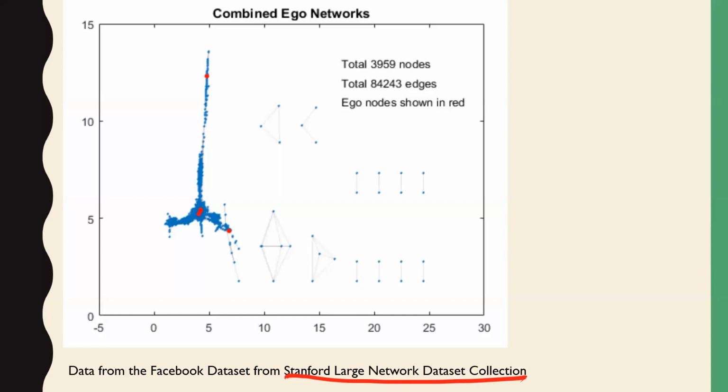Pwedeng two nodes are connected if they share the same political leanings. I think in this data set, nandun kung Republican or Democrat sila, kasi US-based to, and so on. So isa yon sa mga pwede nyong i-consider.